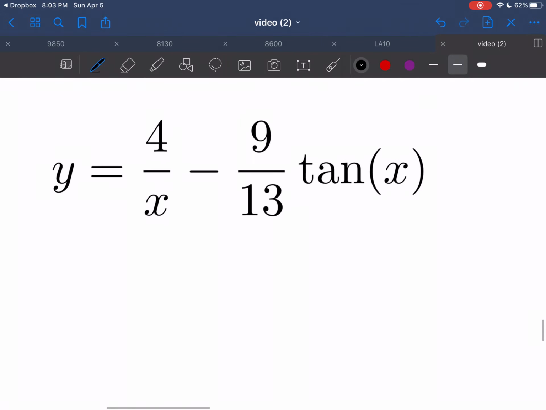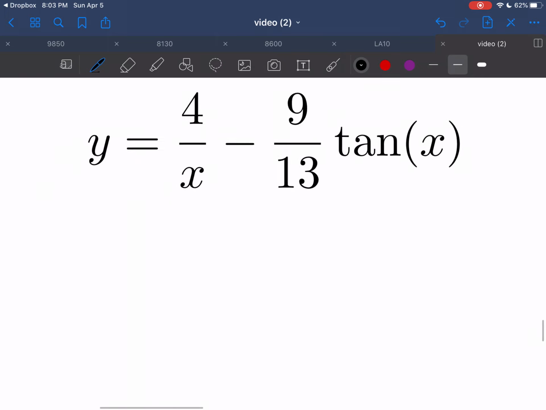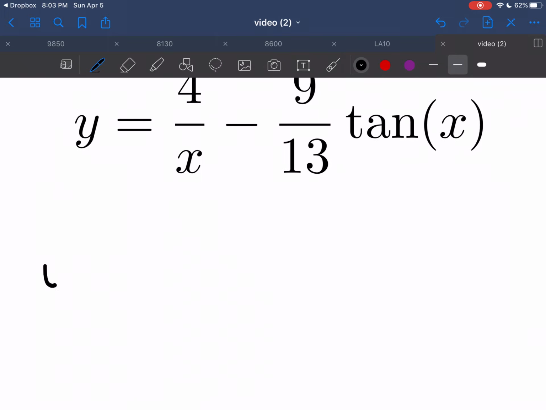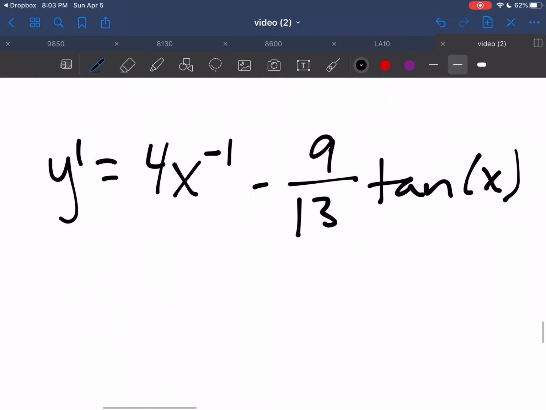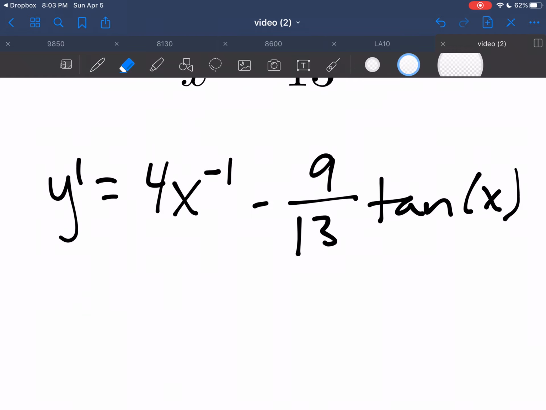So if we look here, y is our function and we wanted to find y prime. We'll rewrite this first term as 4 times x to the minus 1, minus 9/13 tangent of x. That's just rewriting y, not the prime yet.